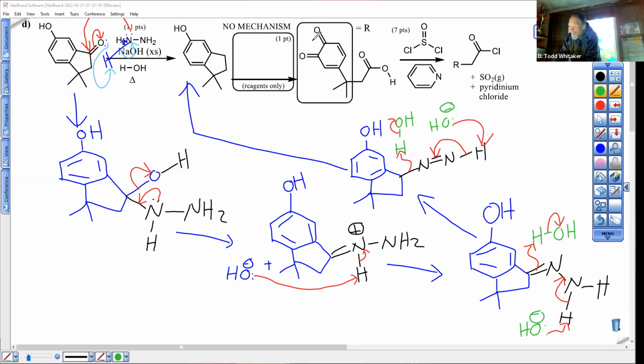Take a look at the video from yesterday, where we did the mechanism for this reaction. You'll see that if you have chromic acid present, you get an orthoquinone if the para position is occupied. We did that. So now just reflect on the same exam.